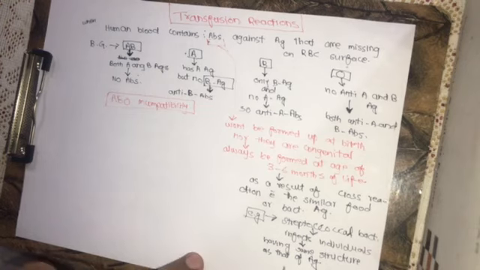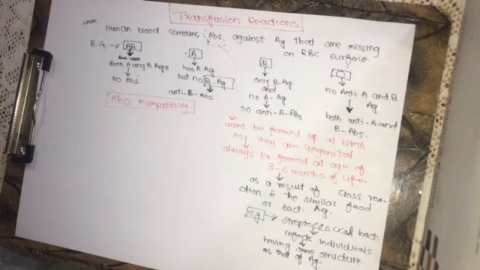So whenever you get infected by a streptococcus that resembles a specific antigen on the RBC surface, then the body is going to produce antibodies against that antigen. So that's how these antibodies are formed.